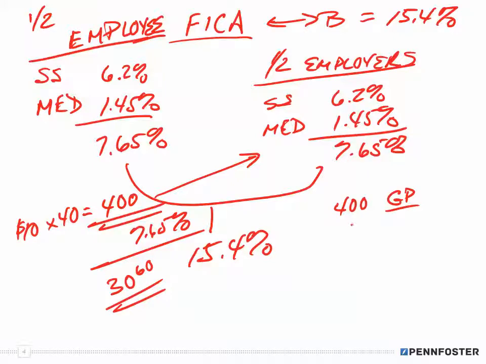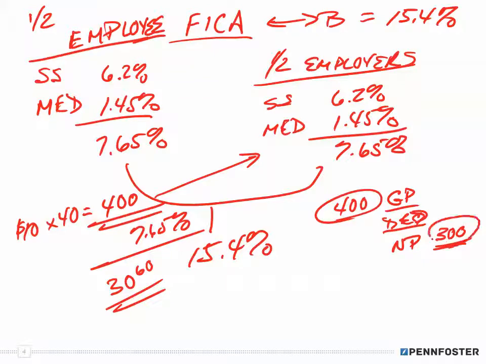Okay, so in reality, the employee is saying, I get $400 in gross pay, and that's what they think they're being paid, and then they have their deductions, and they end up with their net pay. And let's just say that's $300. They think they're being paid $400, and their net pay is $300. That's their take home.